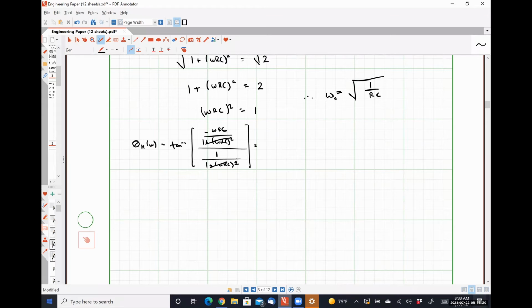So these denominators cancel each other out. So we're going to have the inverse tangent of negative omega RC, which is the same as the negative inverse tangent of positive omega RC.